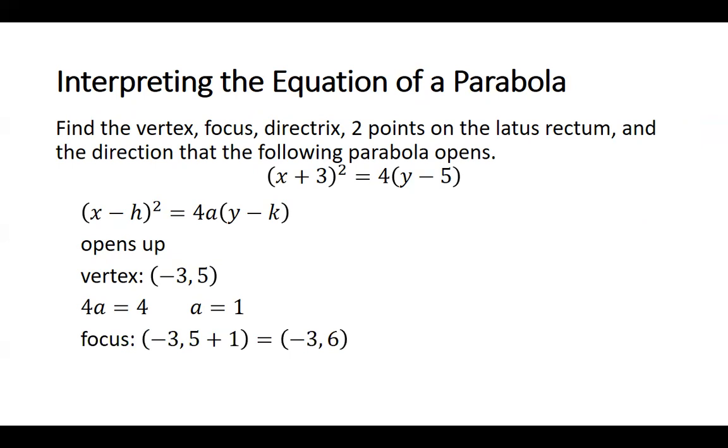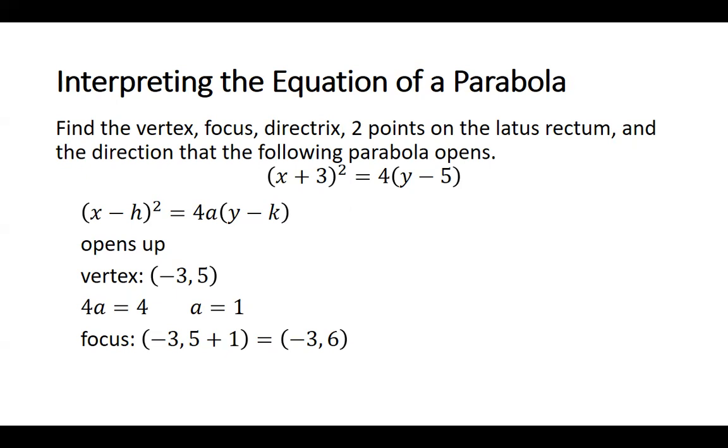Remember that the focus, if it's opening up, is h comma k plus a. Remember vertex is h, k. So from our vertex, h is equal to negative 3, k is equal to 5, plus a is equal to 1. So our focus is at negative 3, 6.